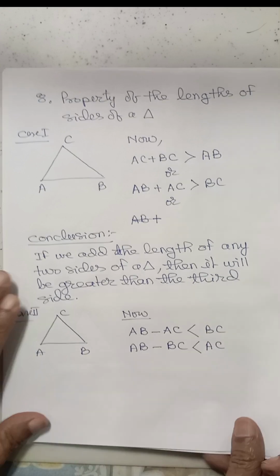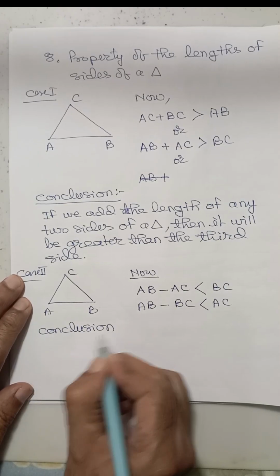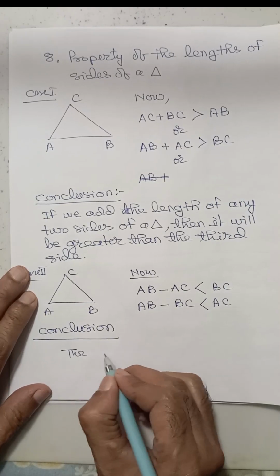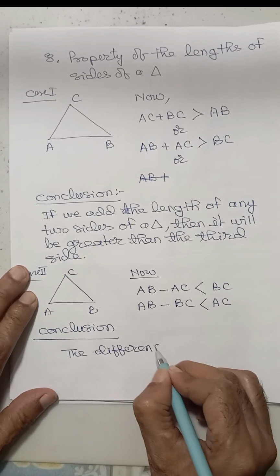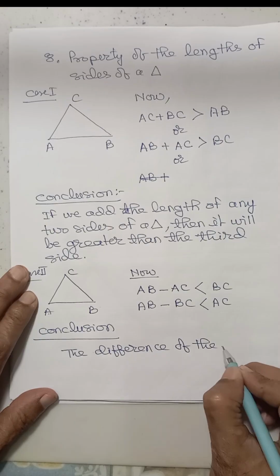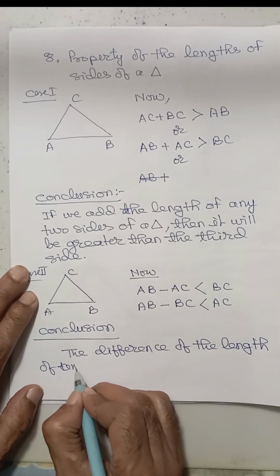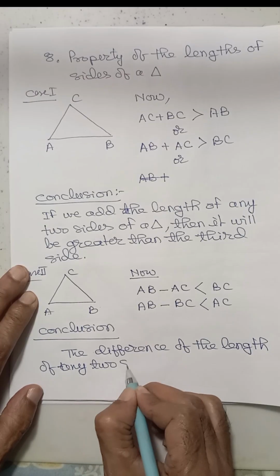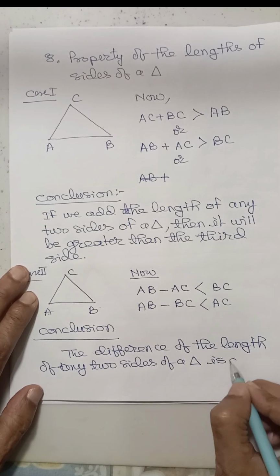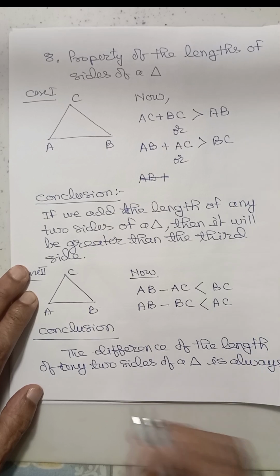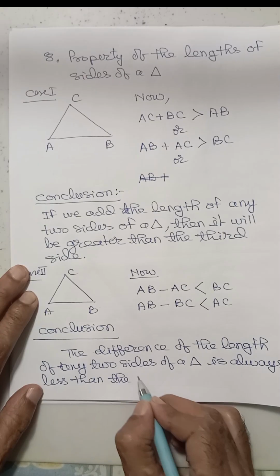So, conclusion. The difference of the lengths of any two sides of a triangle is always less than the third side.